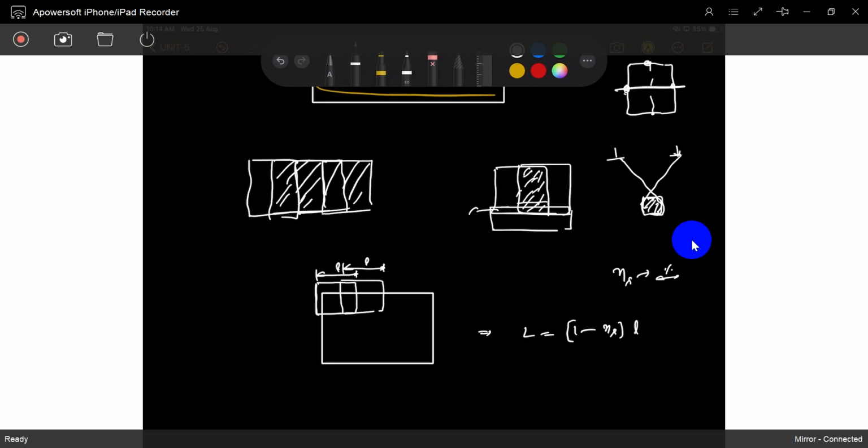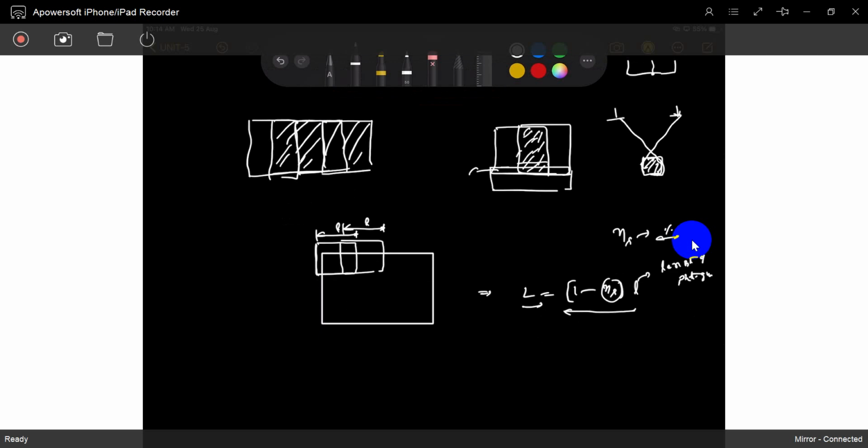Effectively, how much length do we cover by one photograph, because it's a 60% overlap. Understood? So this much is the length of the photograph on the ground.